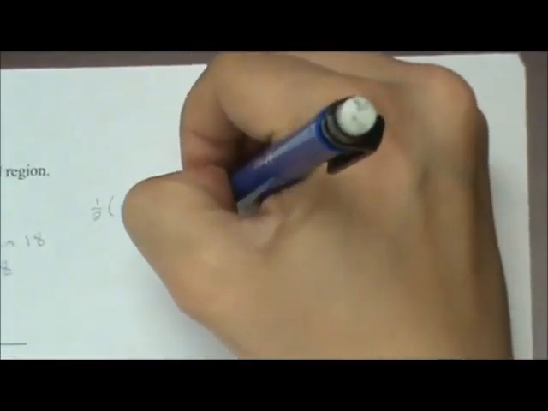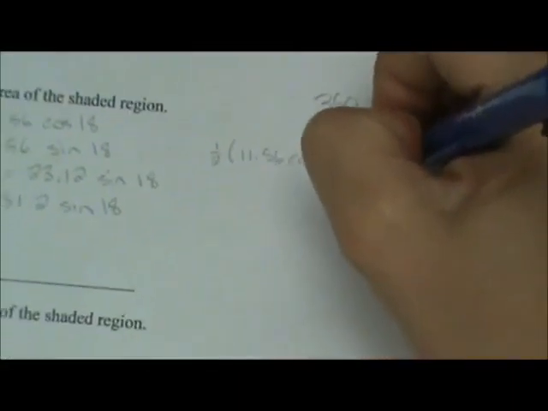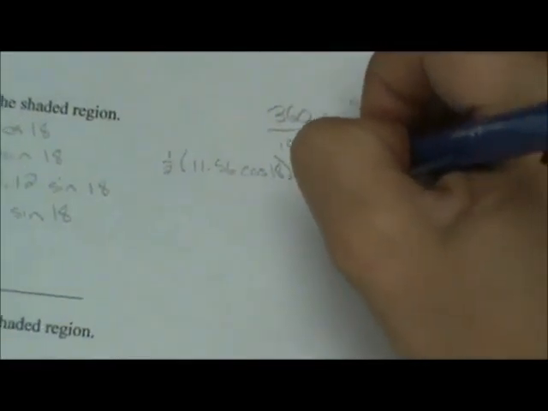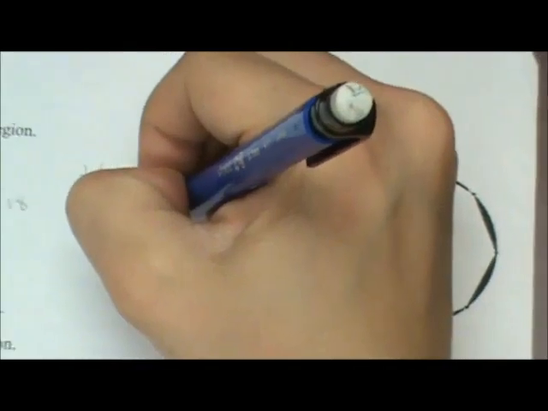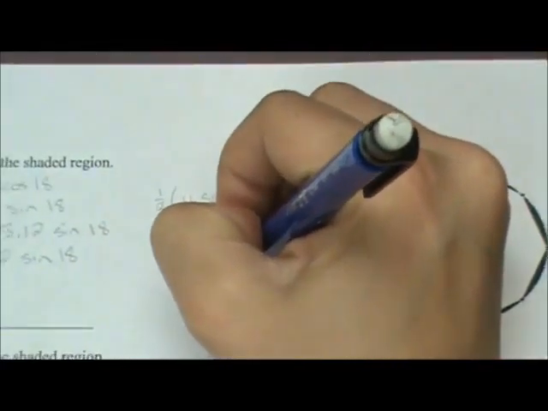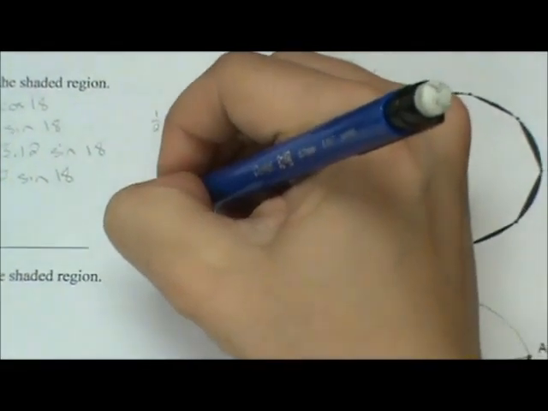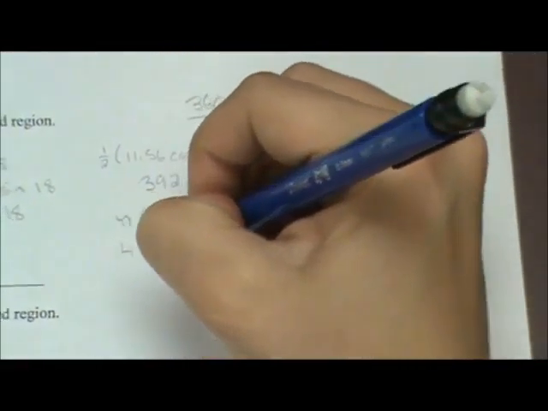And then pi times 11.65 squared, which is the area of the circle, is about 419.82. So we take 419.82 minus 392.739, and that's going to be about 27.083. So that would be the area of the shaded region. So that's our answer, and then we're going to write that in the appropriate place.